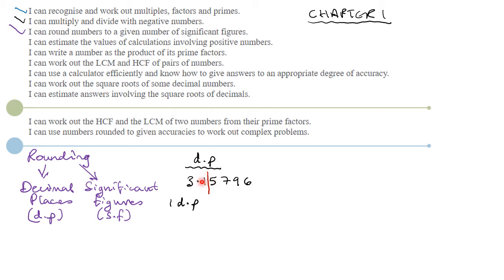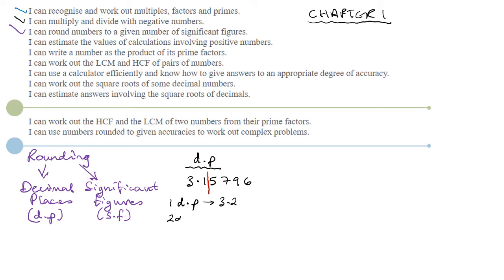Now, the number in front of the line is either going to stay the same or go up. Because this is a 5, if it was a 5, a 6, a 7, 8, or a 9, it means that this goes up and this would become 3.2. So to one decimal place, it becomes the number 3.2.